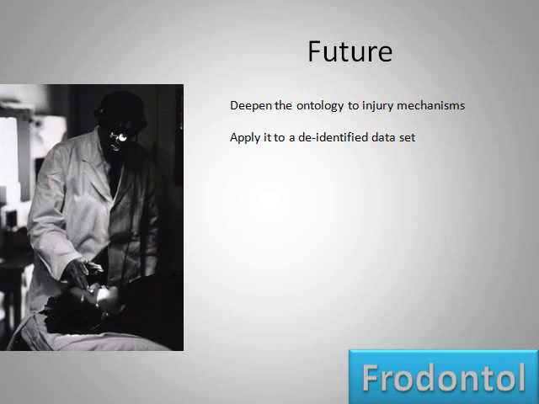And the big ticket item is to apply this to a de-identified data set. In this specific implementation, we had very well formatted data input to the program in the form of CSV files that we populated with eyewear, case ID, visual acuities, and injury codes, and these were fed into the system in order to generate the results that you see.